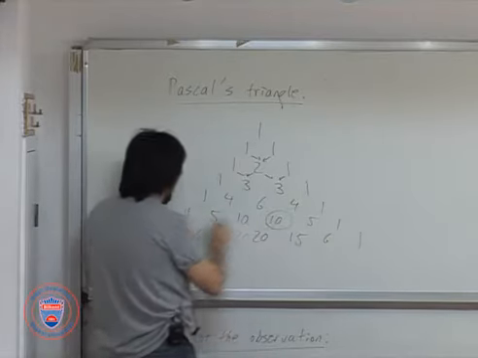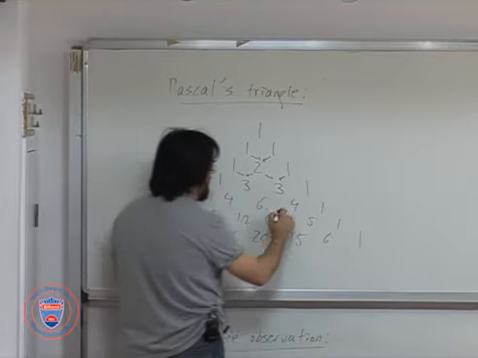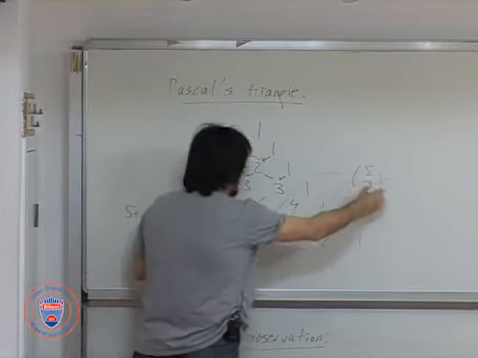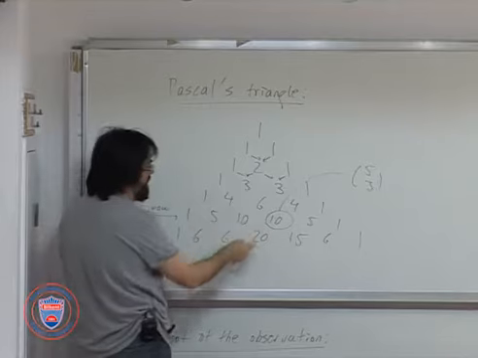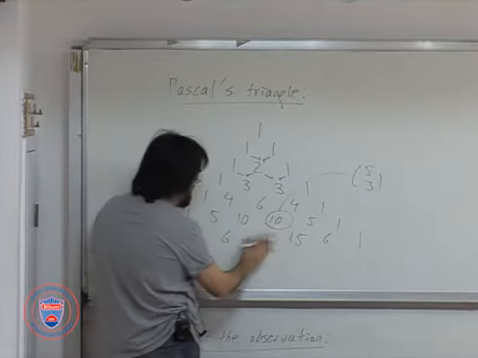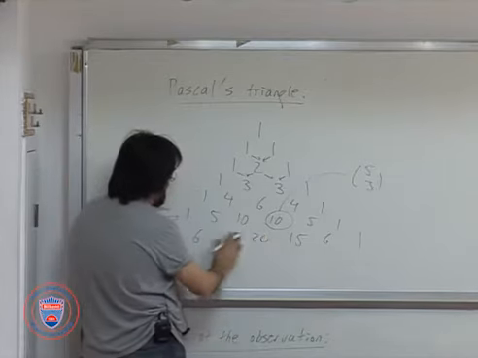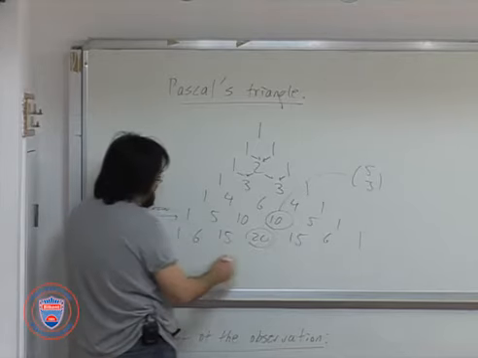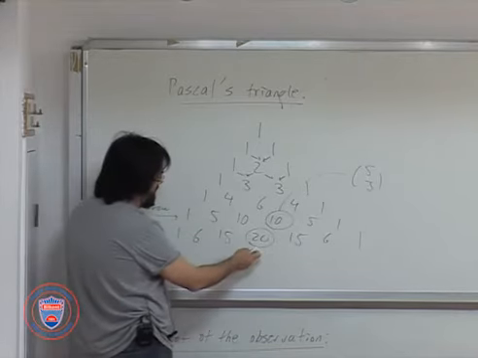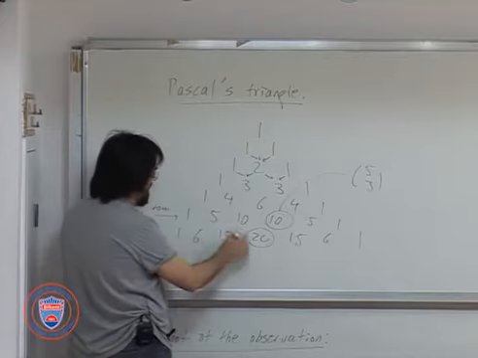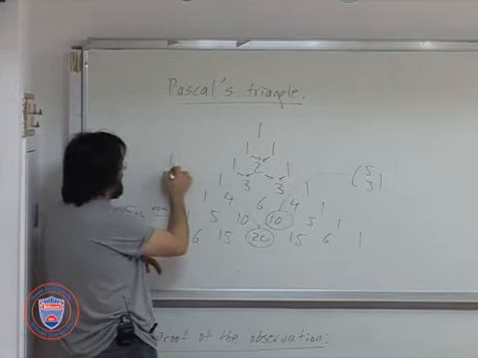So this will be 5 choose 0, 1, 2, 3. So this is 5 choose 3 because you're going 0, 1, 2, 3. Okay? So this number, 0, 1, 2, 3. So 6 choose 3.